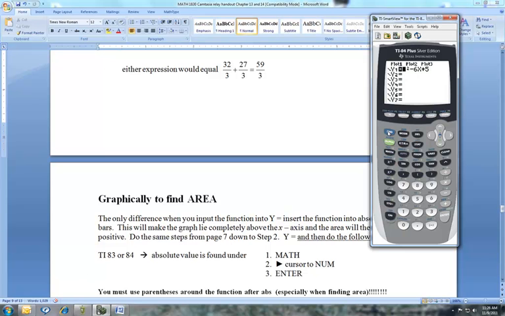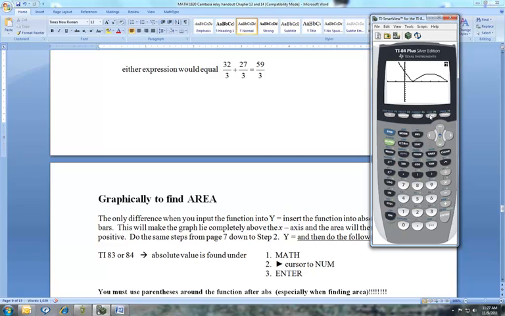Right here, if you do a second insert, now follow these directions. Math, go over to num, and there's abs. Hit enter. Let's go to the end and close. Now look what happens when I ask it to graph. Remember, absolute value, whatever is here, it will make it positive. So let's see if it bounces. Yeah, there it goes.